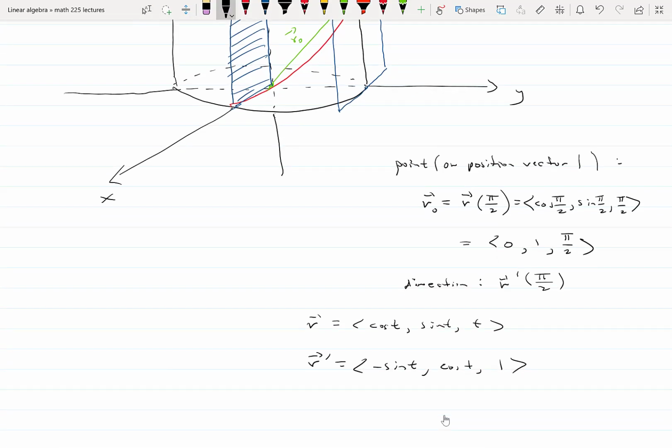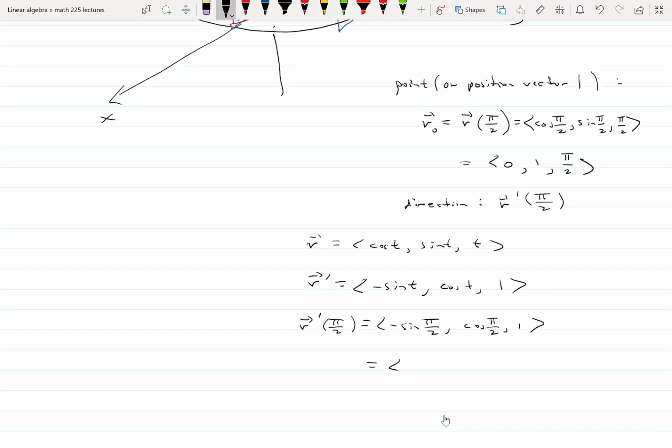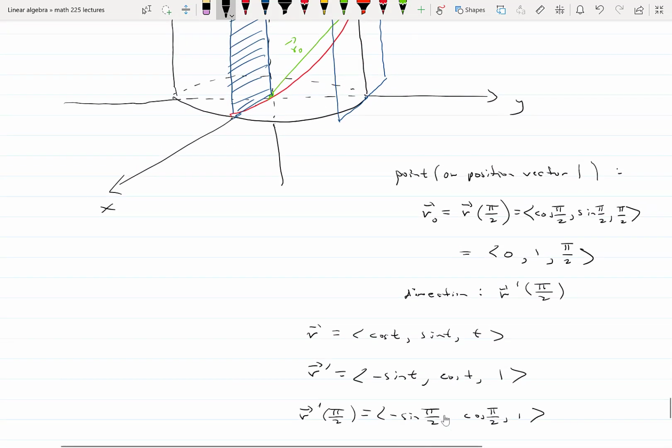So specifically, r prime at pi over 2 should equal negative sine pi over 2, cosine pi over 2, 1, or negative 1, 0, 1. This tangent vector is parallel to the xz plane.